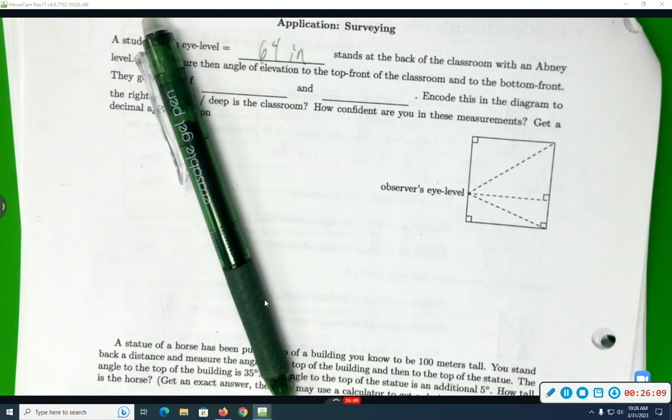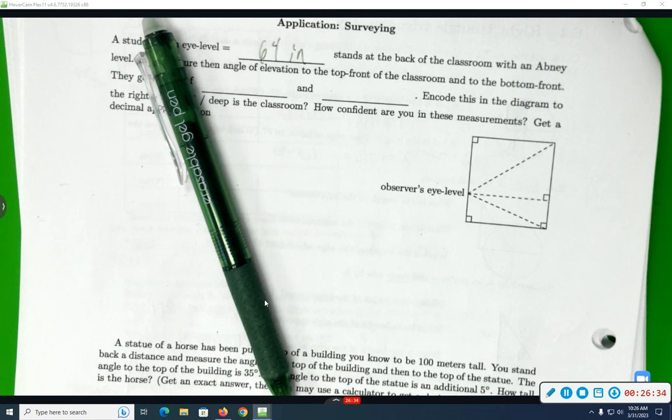I'm now going to have you make some measurements using this level. There's a small hole in this. So if you look up to the top of the classroom there. And now there's a knob right here on the other side.